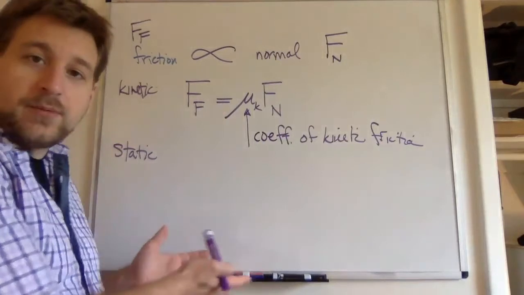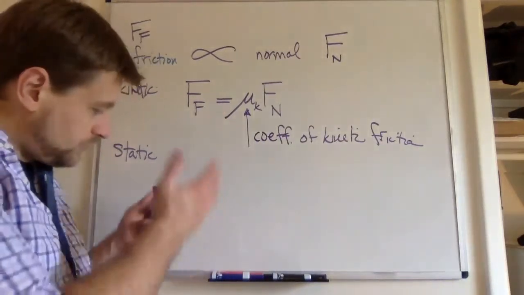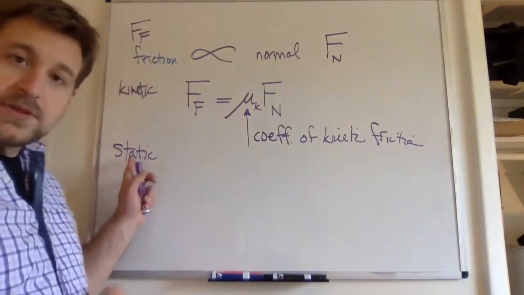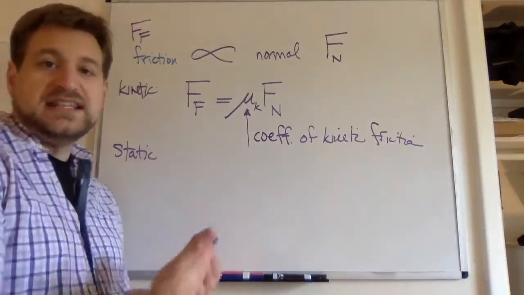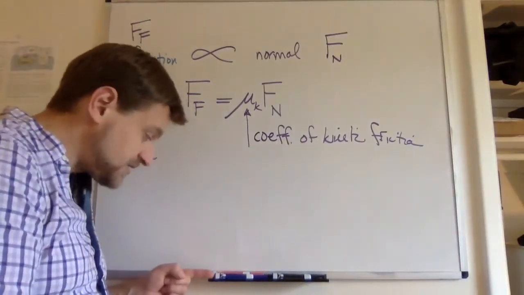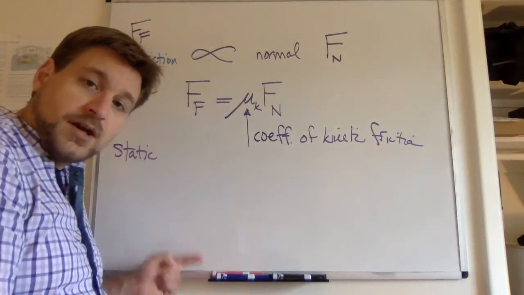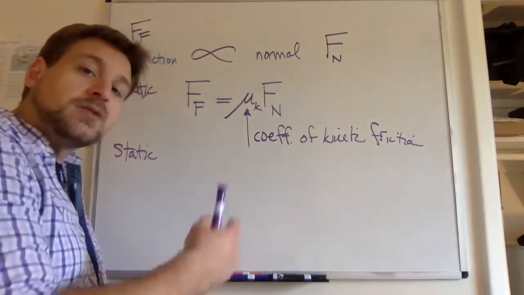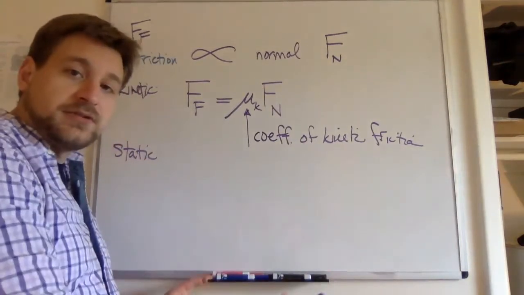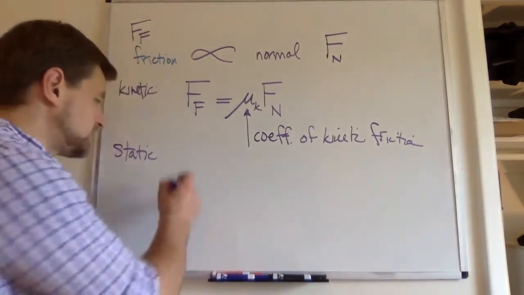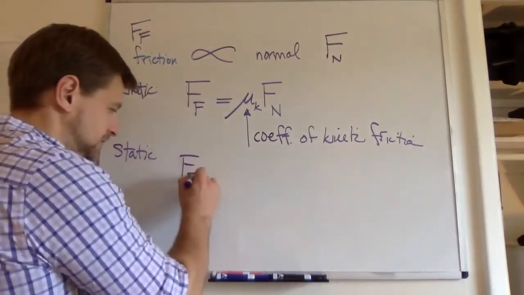Well, it's obviously not what happens. So this kind of friction only acts if it needs to, if there is a force applied to that object that would cause it to accelerate. Static friction tries to keep it from doing so.